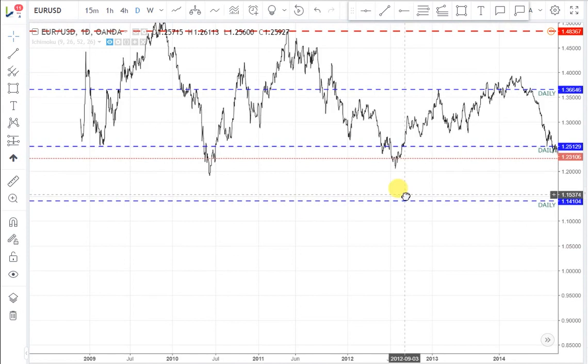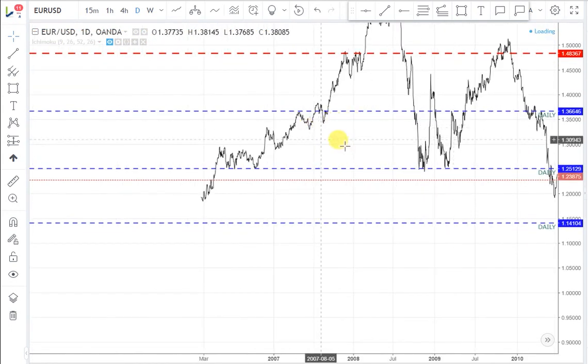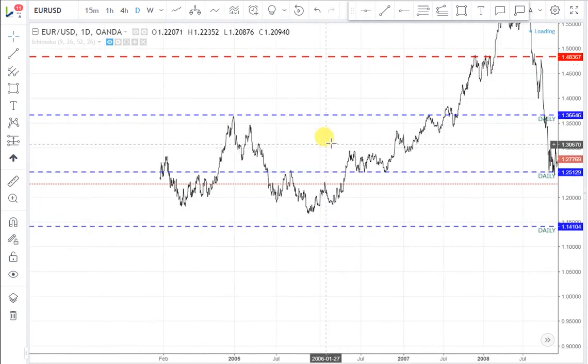So as you can see, now that we've drilled down into lower time frames, we have some other levels that may present some other support resistance areas.